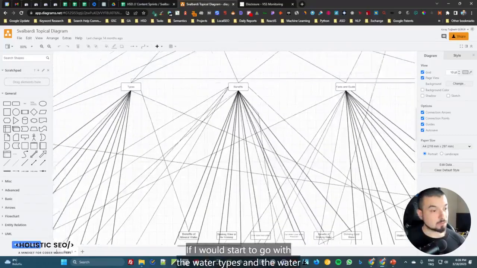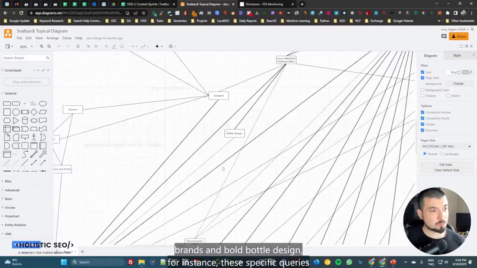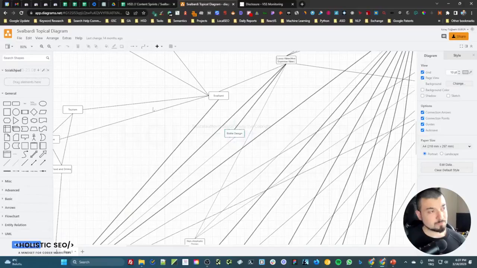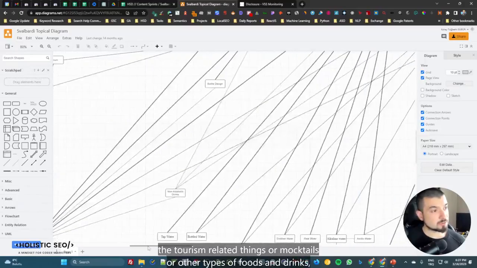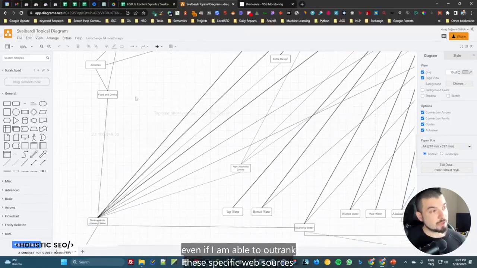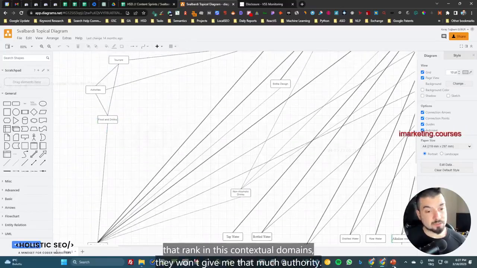If I would start to go with the water types and the water brands and bottle design, for instance, these specific queries or these specific topics like the tourism related things or mocktails or other types of foods and drinks, even if I am able to outrank the web sources that rank in these contextual domains, they won't give me that much authority.